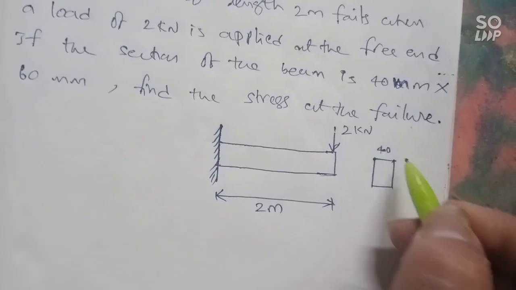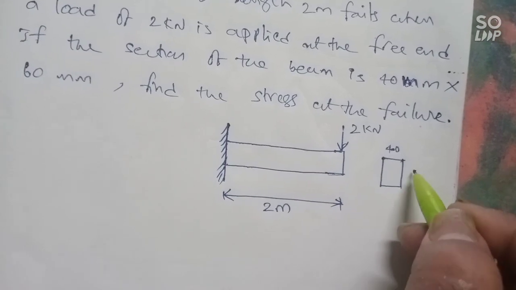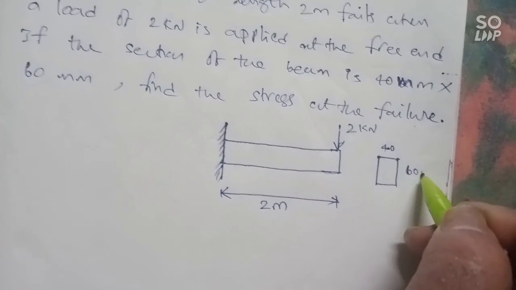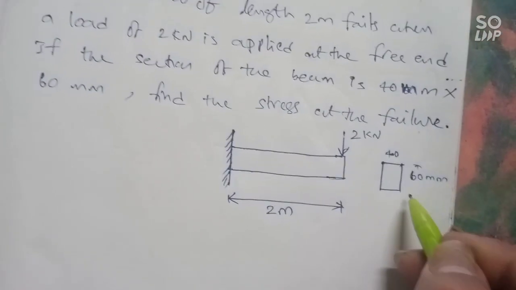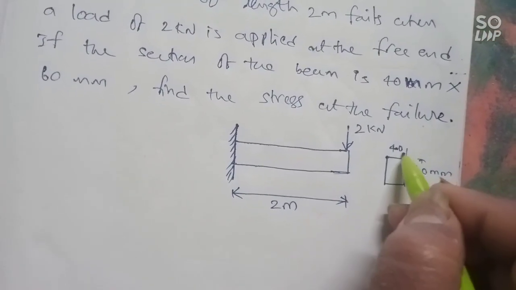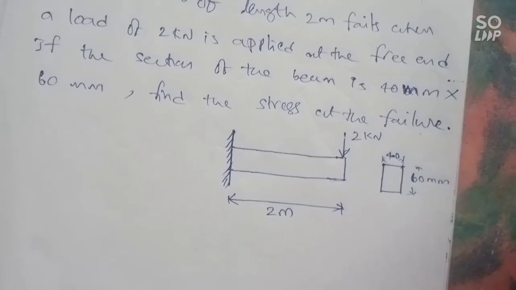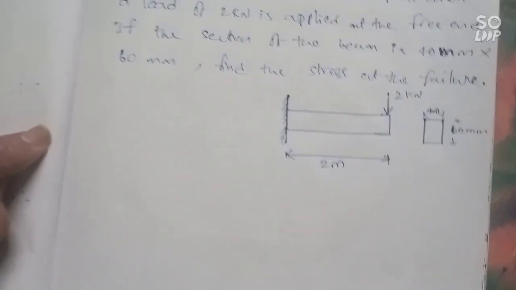If you observe the cross section, width is 40 mm and the depth is 60 mm.